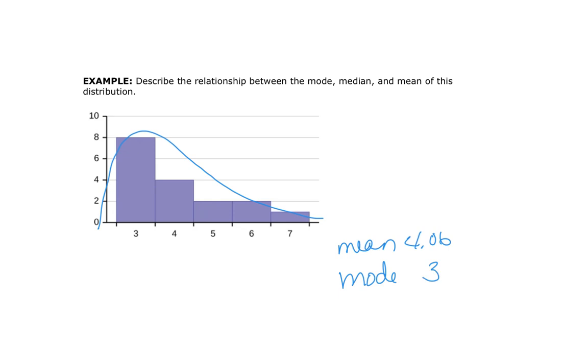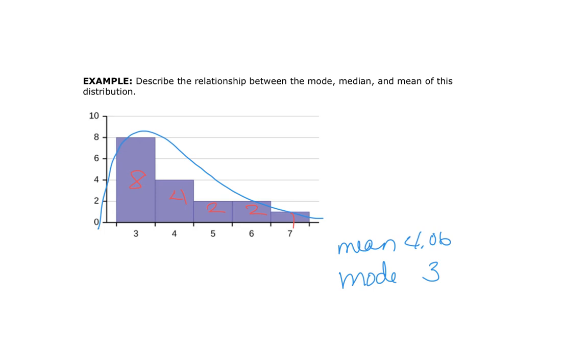And somewhere in there would be the median, and the way that we do the median is just like we did in the last video. We'd count that this has 8 pieces, this has 4 pieces, this has 2, 2, and 1. We'd add all of those up, and then add one more, divide by 2, so we know the position that we'd be looking at.